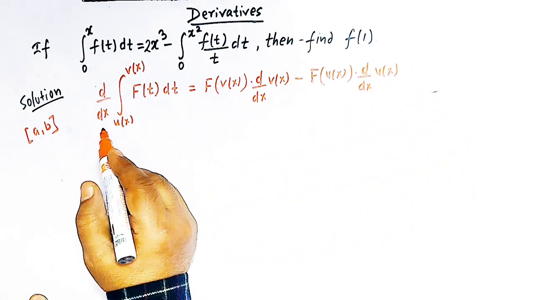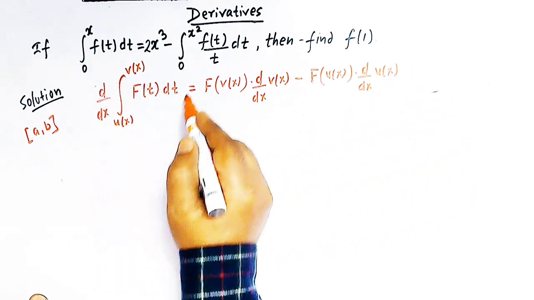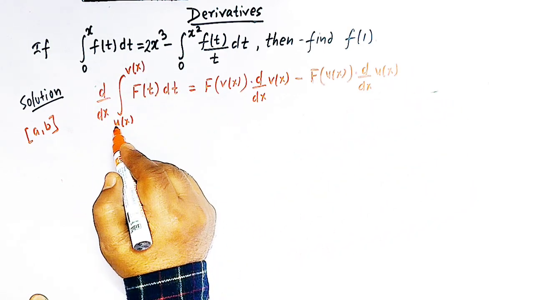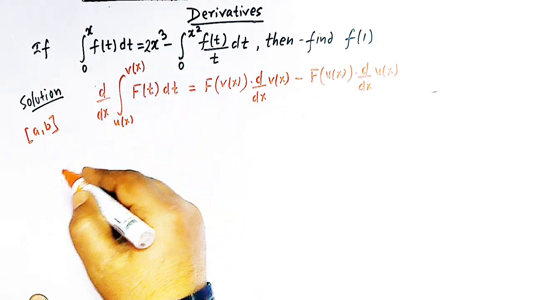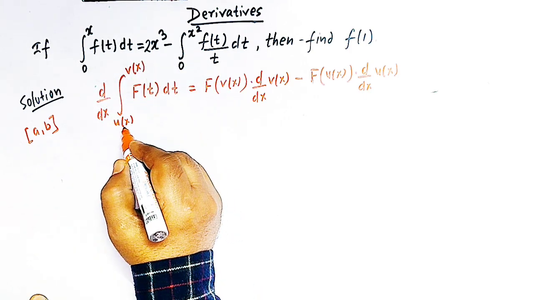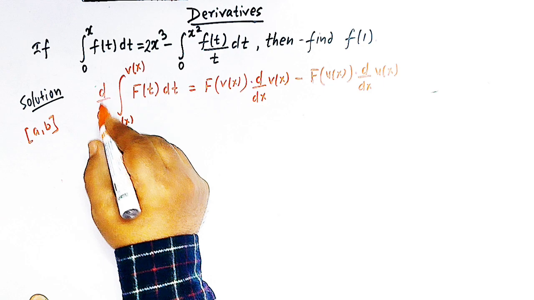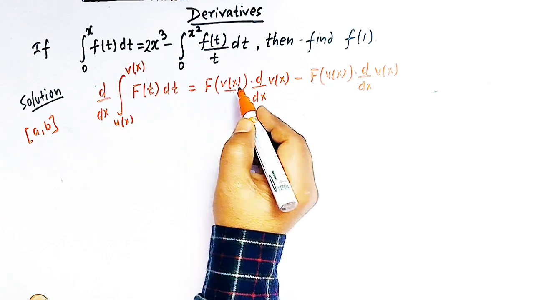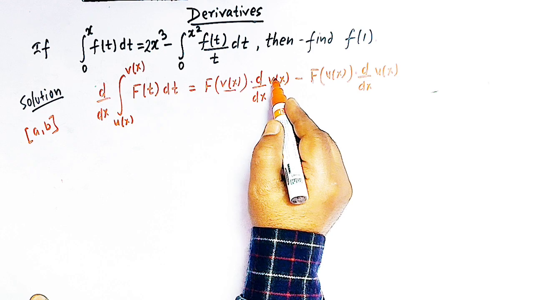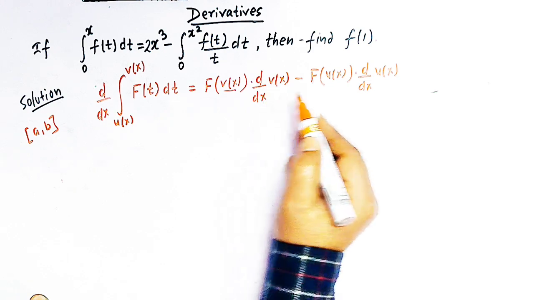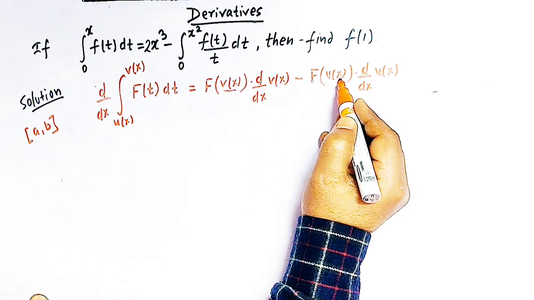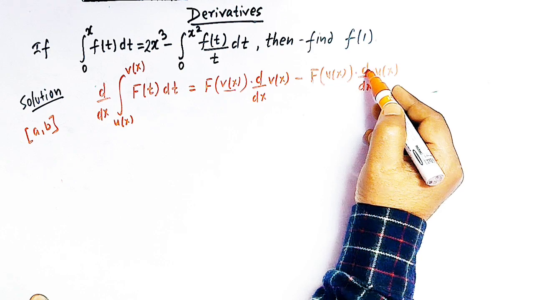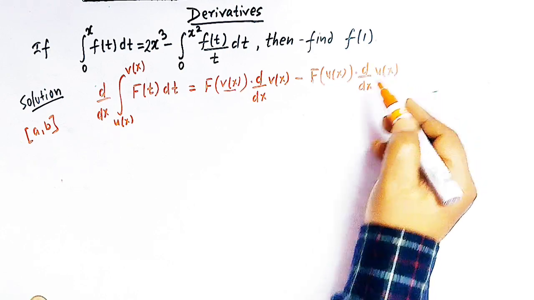So now we have to differentiate this integral where the lower limit and upper limit are some differentiable functions of x. So d by dx of this integral is given by f of v of x, then the derivative of v of x with respect to x minus f of u of x multiplied with the derivative of u of x.